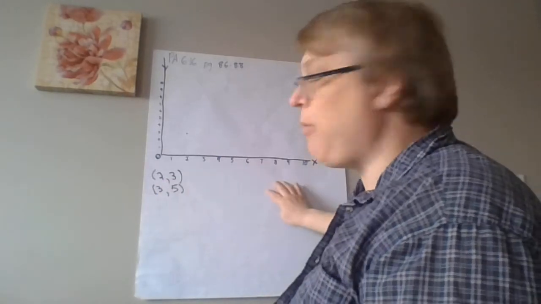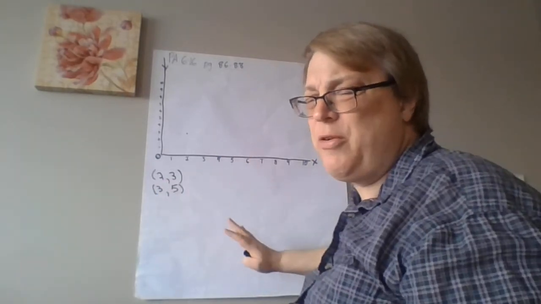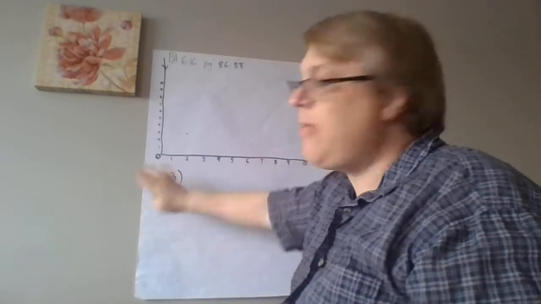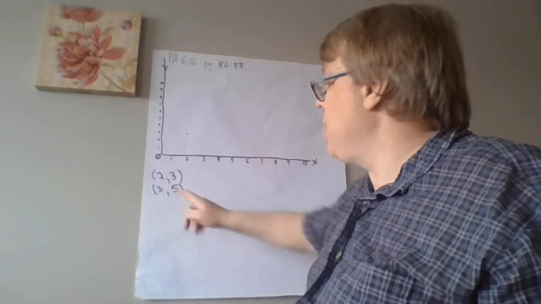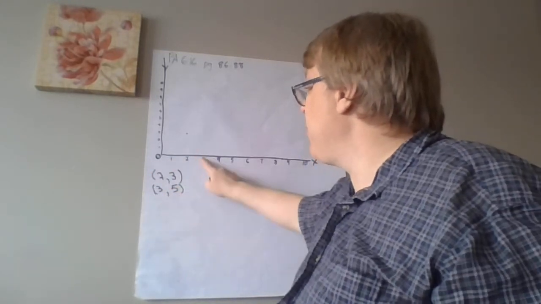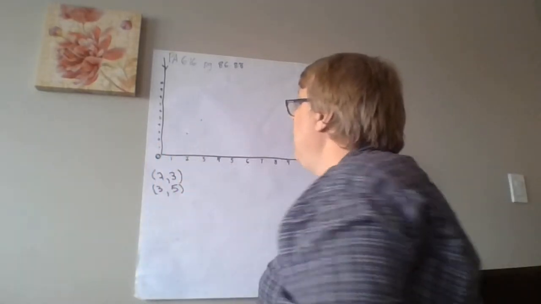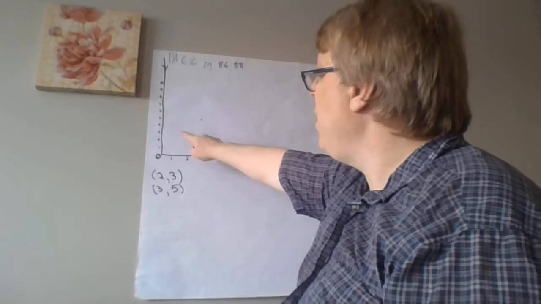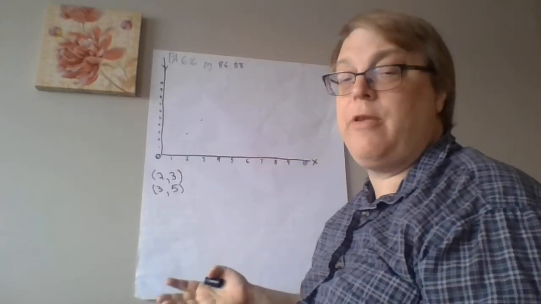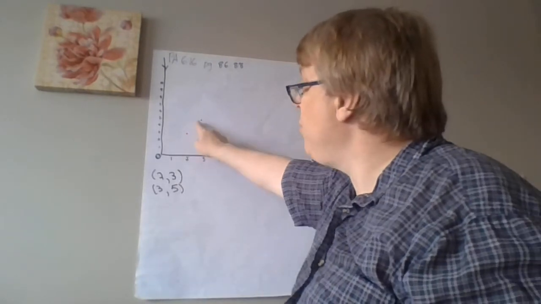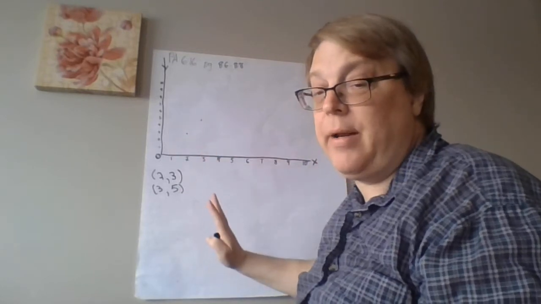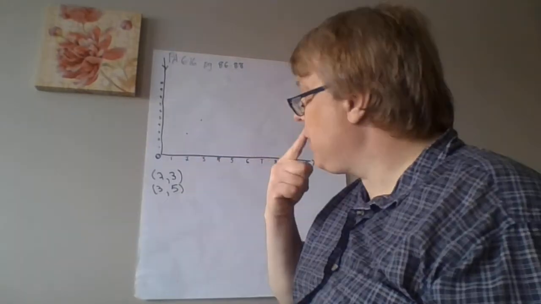If we wrote them all out without brackets, it'd be a little bit harder to understand. So writing them in brackets just makes it easier to see. Where would (3, 5) be? Again, we go 3, and 5. Oh, wow. We have two dots. As long as we have two dots, we can make a line. I wonder if it's going to work out.